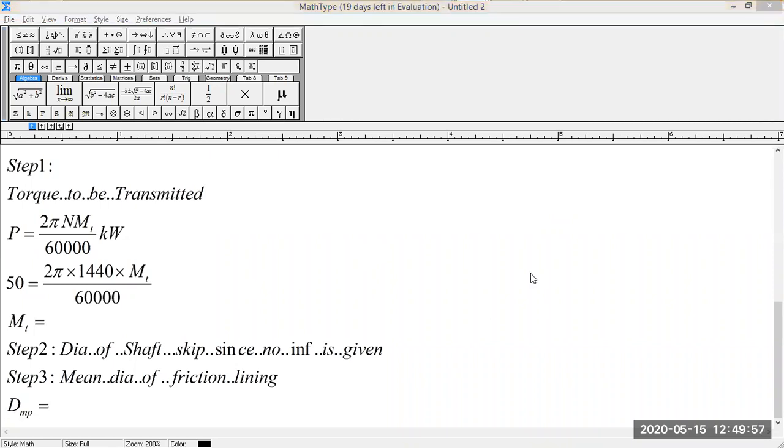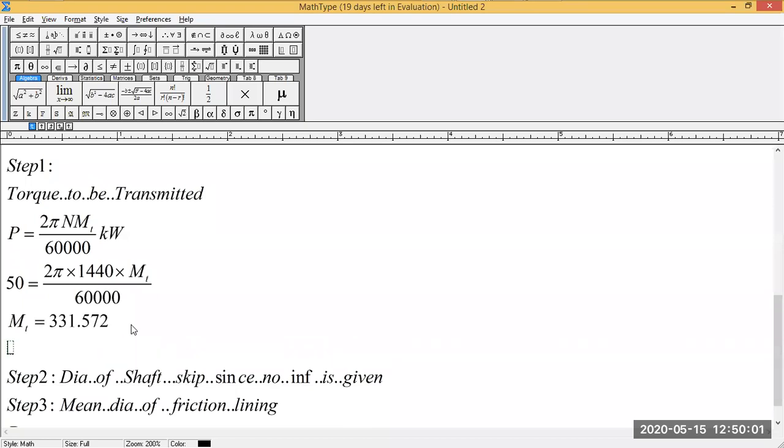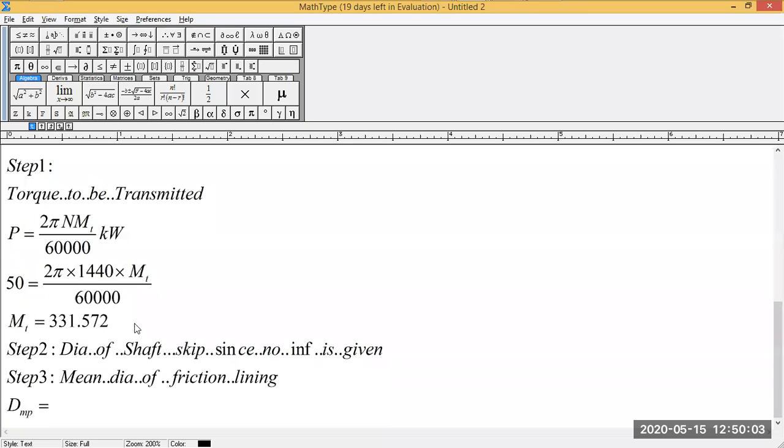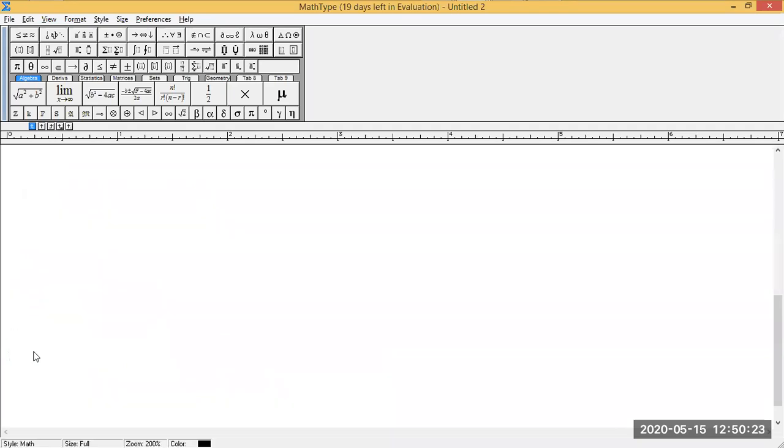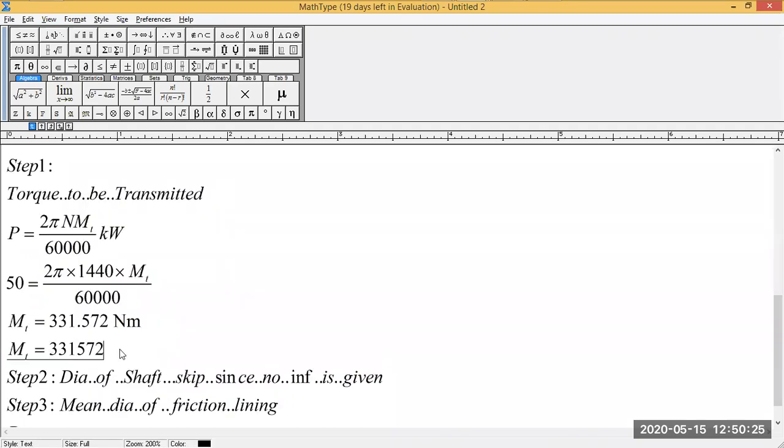Torque is on 3. This is in Newton mm. It's not in mm, I guess, it's in meters. So let's remove the point. This will be in Newton mm.